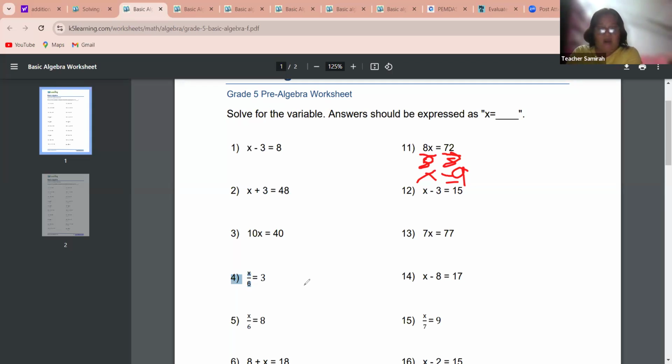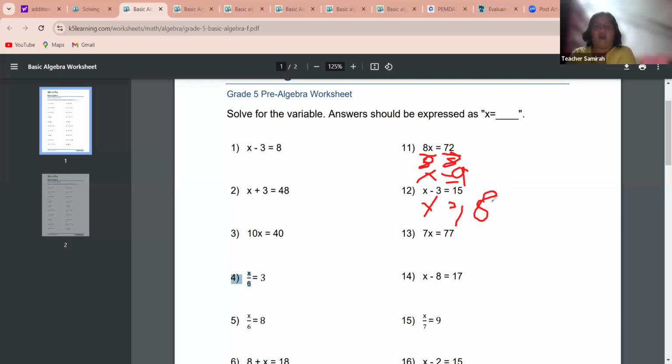If the number is from the left side and we wanted to remove it and place it on the right side, then instead of writing negative 3, we are going to write positive 3. That is why 15 plus 3 would give me 18. Very good, Tristan. Again, Tristan is correct.